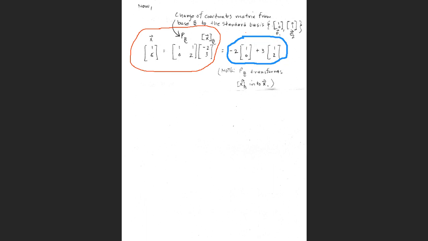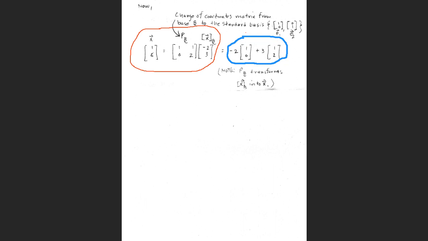It allows you to take a vector x, 1, 6, which is coordinates relative to the standard basis, and express it in terms of coordinates that go with the new basis. Okay, that's called a change of coordinates matrix.